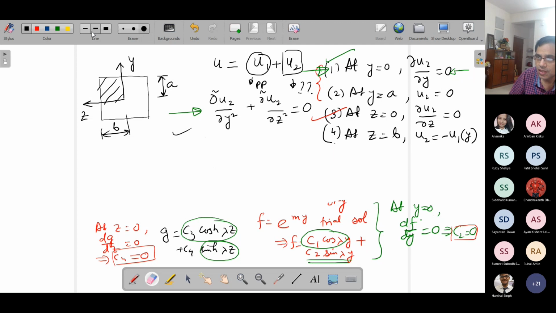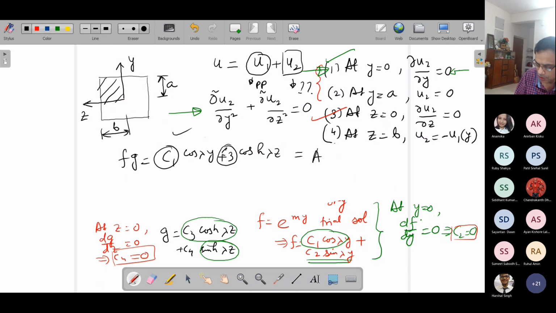So f into g, what will it be? f will have only c1 cos lambda y, and g will have c3 cos h lambda z. So c1 into c3. So what is this c1 and c3? C1 into c3 is some a. So that will be a cos lambda y into cos h lambda z.